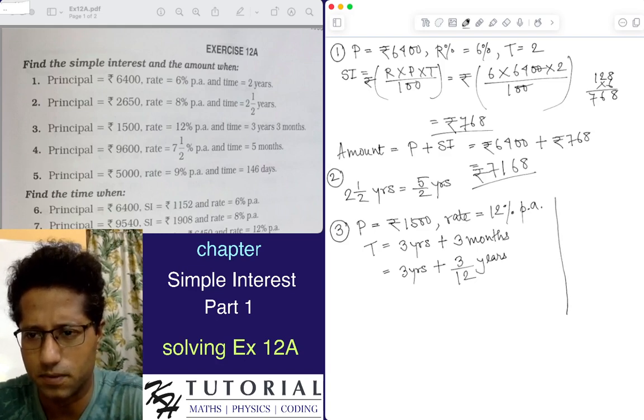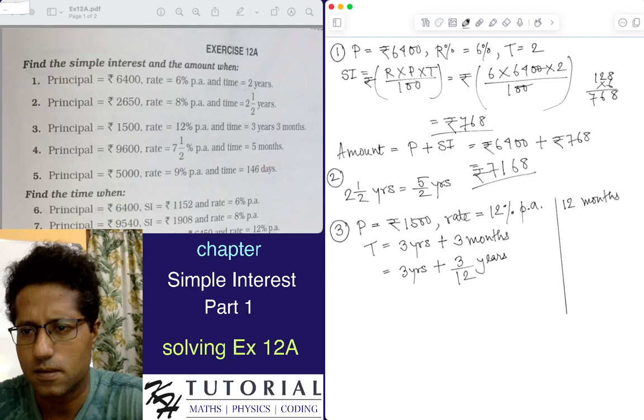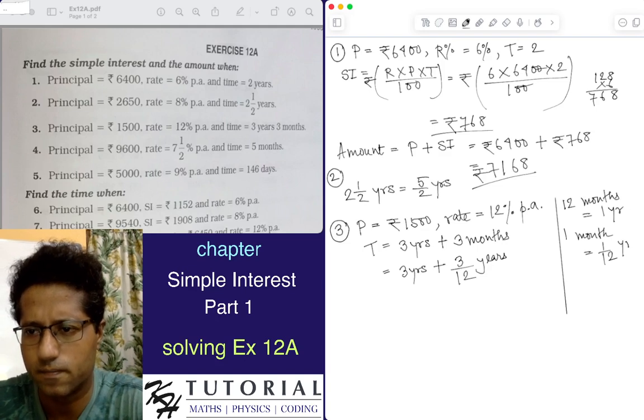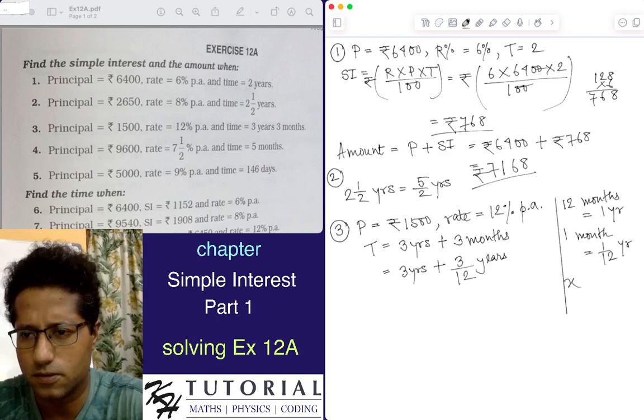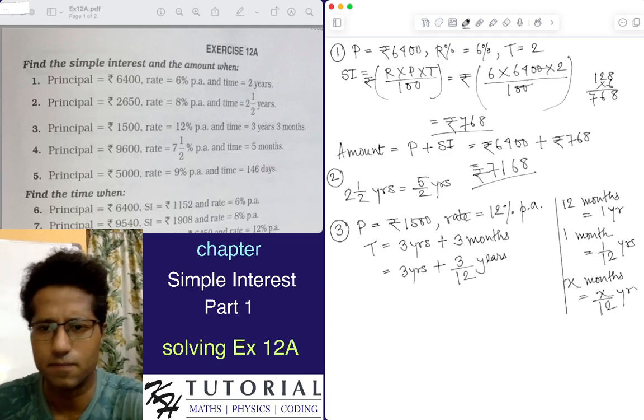This concept should be clear. 12 months equals 1 year. 1 month equals 1 by 12 year. X months is equal to x by 12 years. This is the basic formula you should apply.